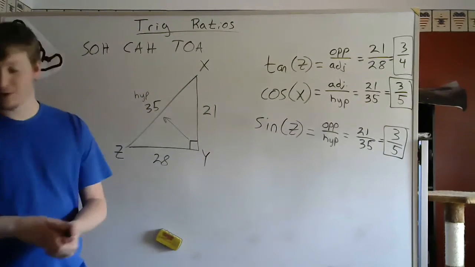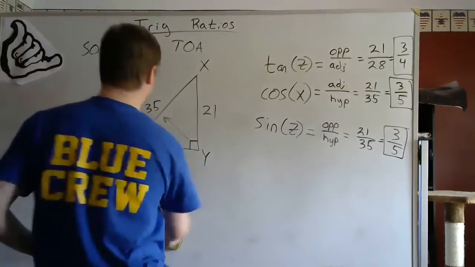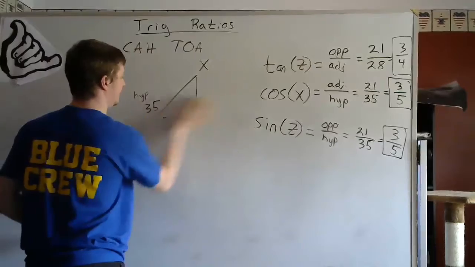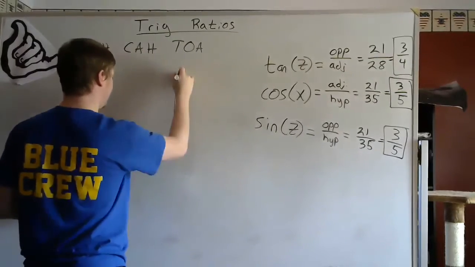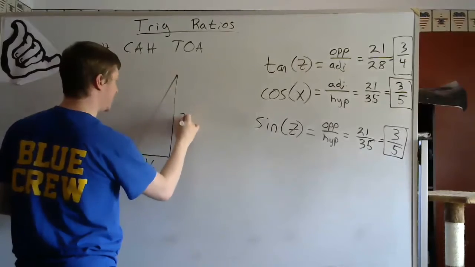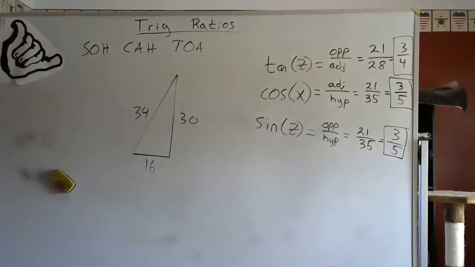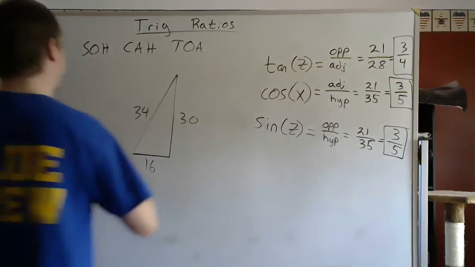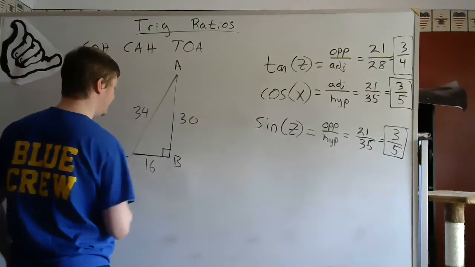All right, let's do one more, and I'll wrap things up here. Next example was 16, 30, 34, with the labels A, B, and C on each angle.